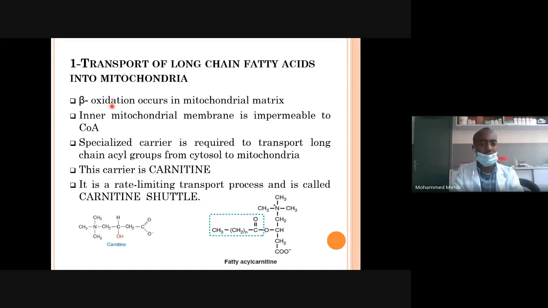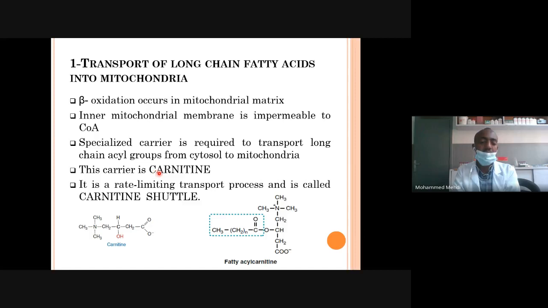Beta oxidation, as you know, is found in the mitochondrial matrix. The enzymes are found in the mitochondrial matrix. The inner mitochondrial membrane is impermeable to coenzyme A. We need a specialized carrier which can transport the long chain fatty acyl group from cytoplasm to mitochondria.